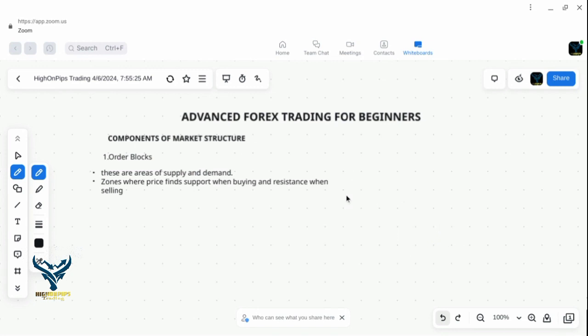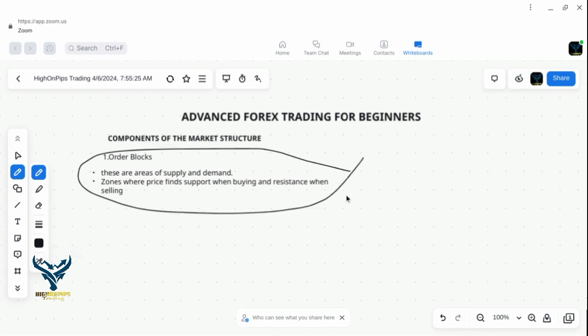So from our definitions around here, we said order blocks are areas of supply and demand. These are zones where price finds support when the market is buying and resistance when selling. So when the market is buying like this, these areas are called support areas.